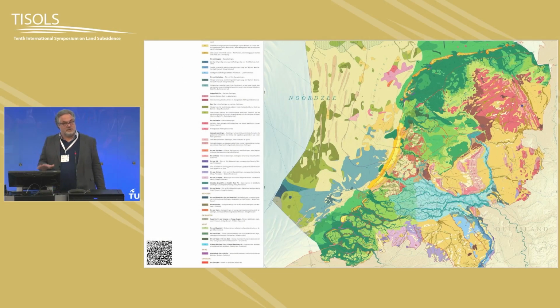It is new. You can actually purchase it with Kai Koster downstairs. And I'm asking you to not consider the details because there are lots of them. The dark brown colors indicate peat. And you see in the north, do I have a pointer? Yes, I do.